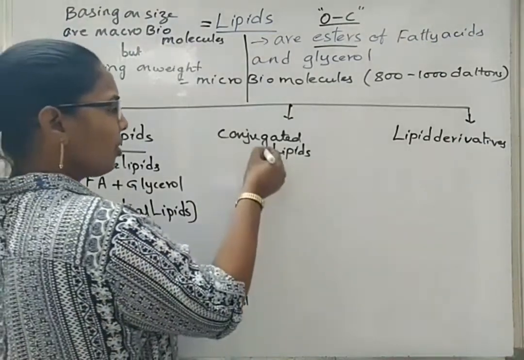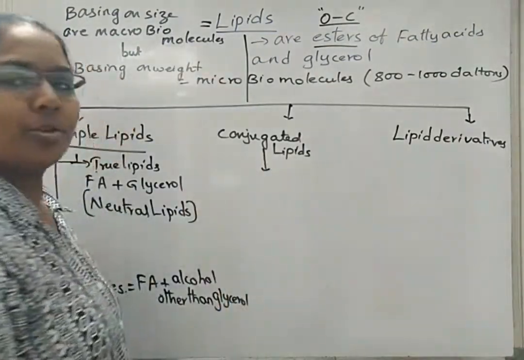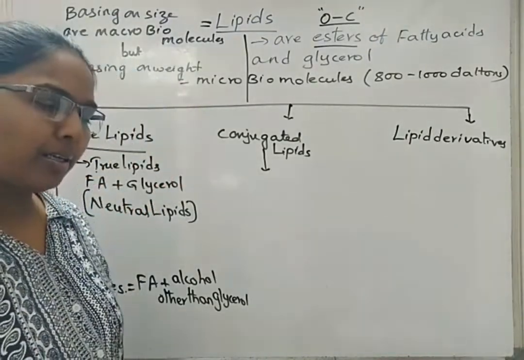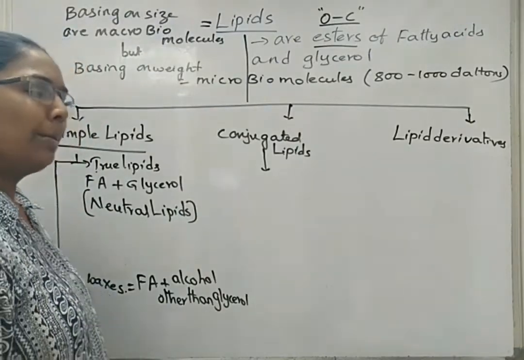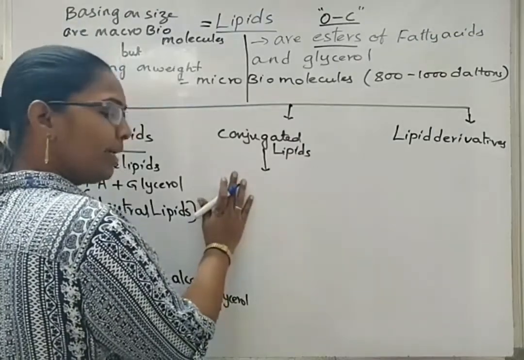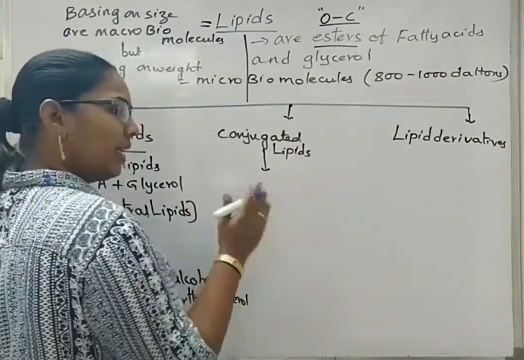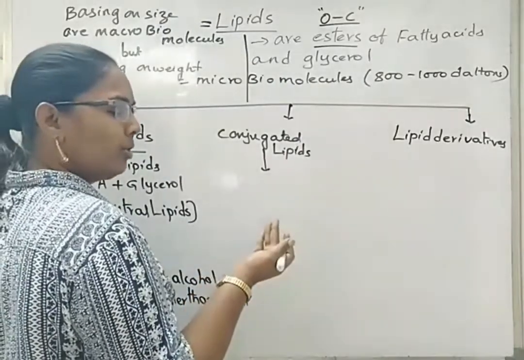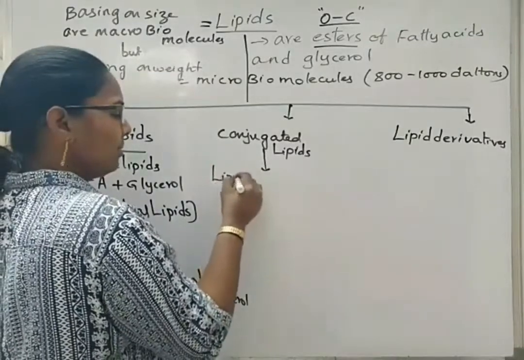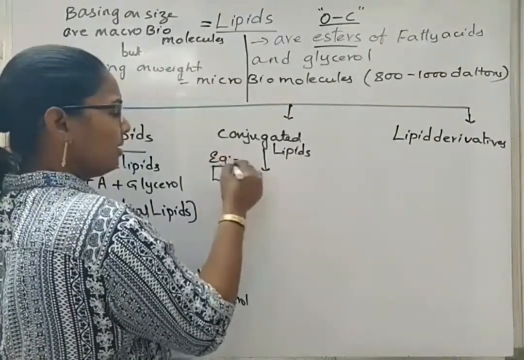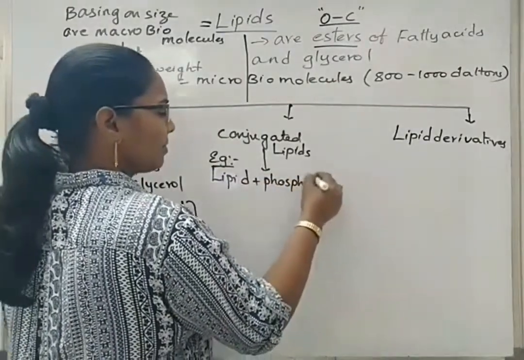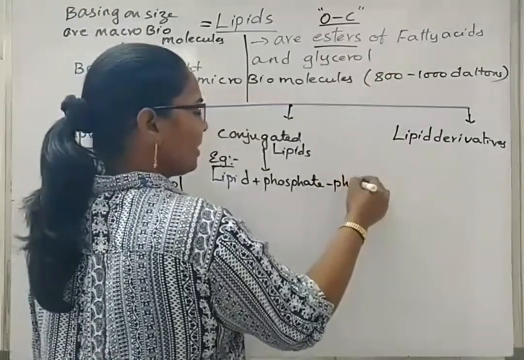Next, coming to conjugated lipids. In proteins also we have studied that when the protein part is mixed with a non-protein part, we give different terms basing on the non-protein part. In the same way, if a lipid is bound with any other non-lipid biomolecule, then again the terms are different. For example, lipid plus phosphate, phospholipids.